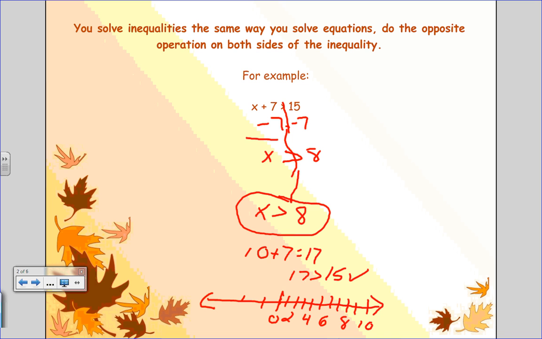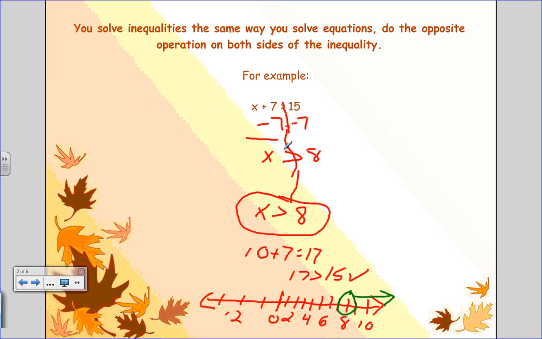Put a couple negatives in. I don't need a ton because I'm over a positive 8. Circle your answer. It was 8. It's greater than. So the arrow needs to point to the right. I did not have the equals to, so I do not color it in. That's the graph right there.